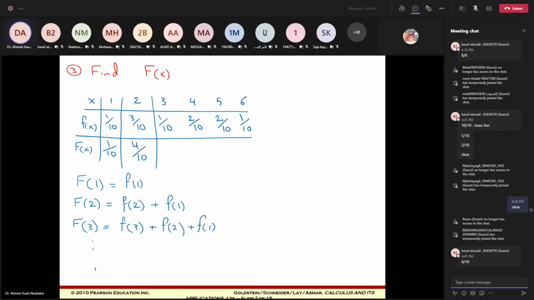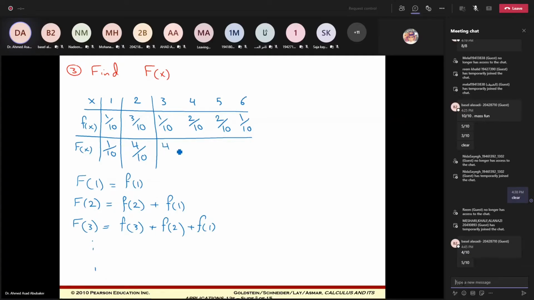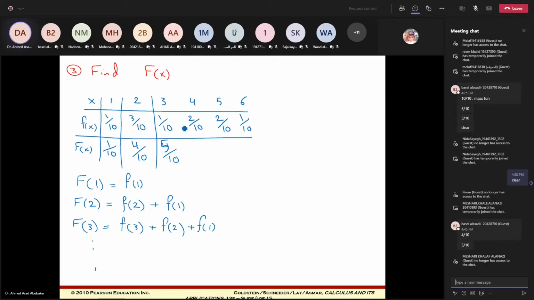f(L3), the summation of 3, 2 and 1, so we have 4 over 5 over 10. f(L4), 7 over 10. f(L5), f capital L5, 9 over 10.